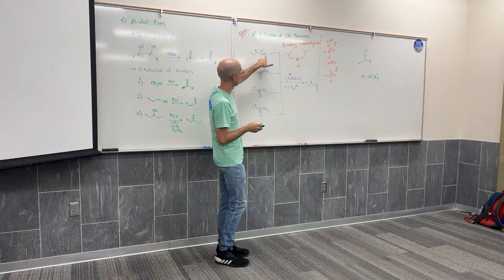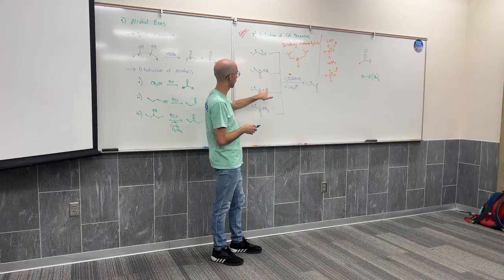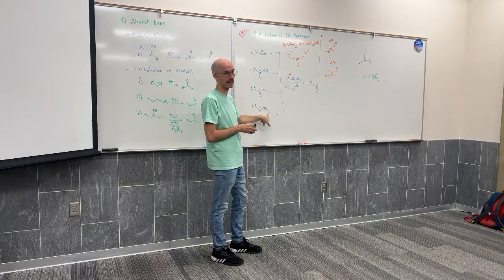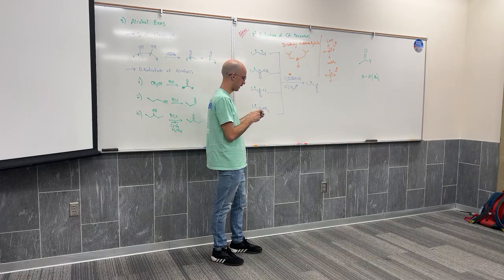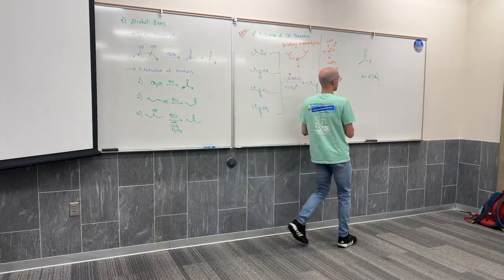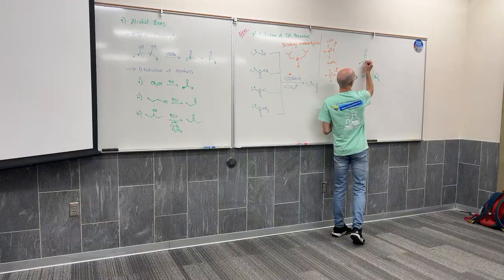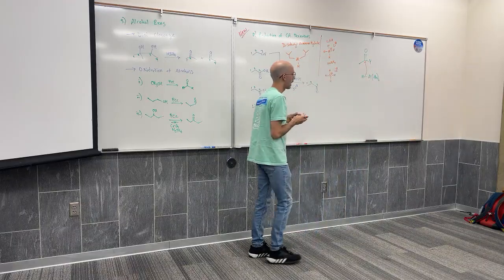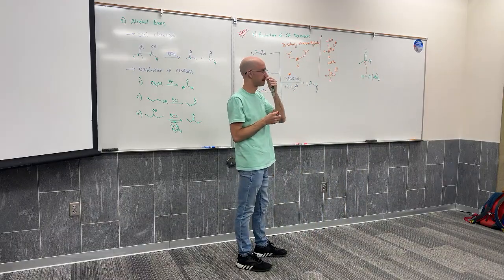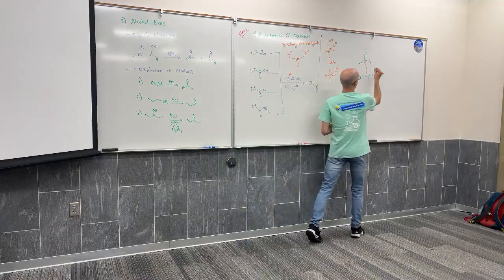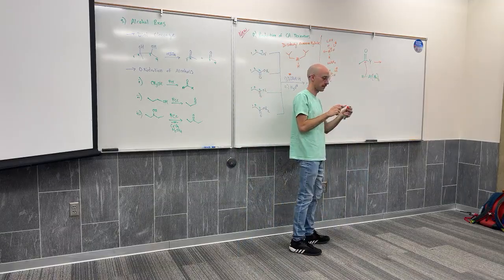So Y would be the nitrogen, the ester linkage, the chlorine, or the amide linkage. In the first step, the hydride will bind to the carbonyl carbon. That's the reduction.